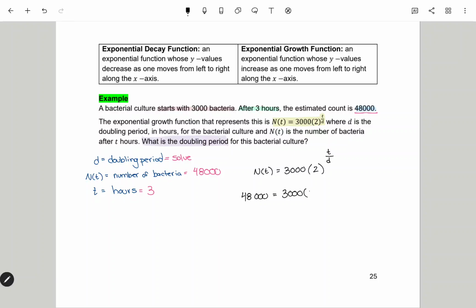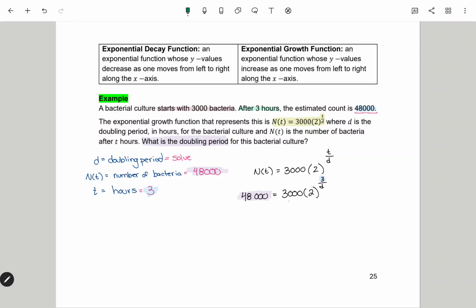This part's going to stay the same. I know that t should be 3, and d is what we're solving for, so we don't know what it is. So again, 48,000 was our N(t), 3 was our t. So now we're just going to solve this lovely equation.